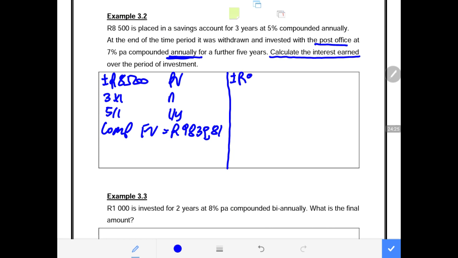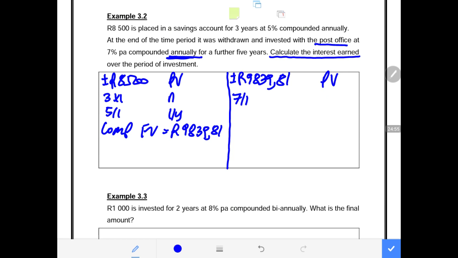So we enter plus minus 9,839 Rand 81 cents, the amount we are presently investing in the post office. Then the interest is 7%, so we say 7 over 1. Remember, it is compounded once a year, meaning annually. If it was compounded twice a year, that would be divided by 2. If it was compounded 4 times a year, that would be divided by 4.